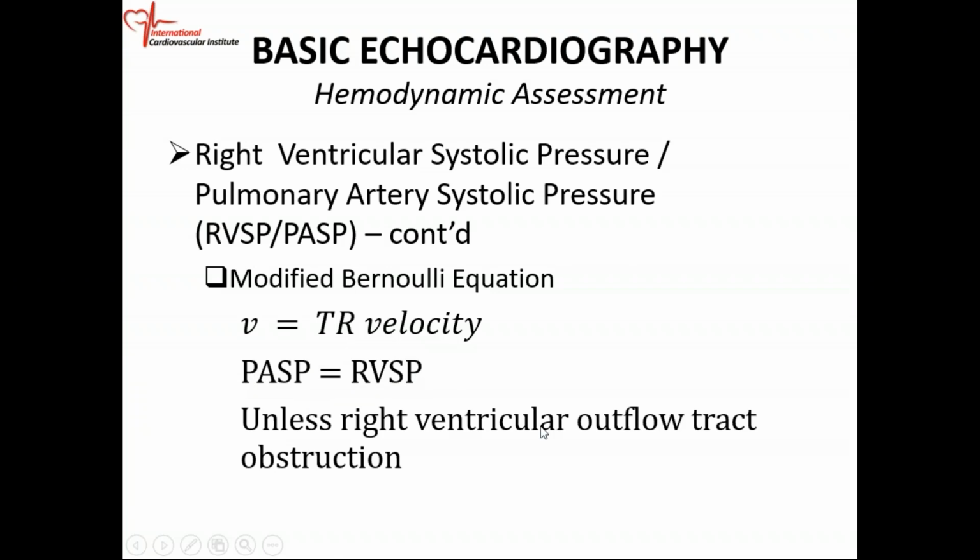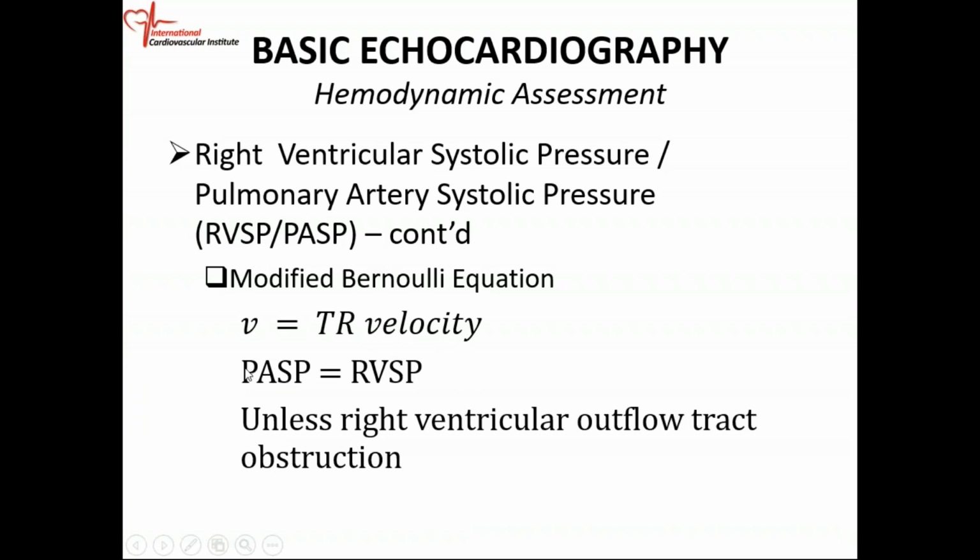Those of you who are not sure what we mean by right ventricular flow tract obstruction need to read up more about it, or talk to me one-on-one, because it's important. If you have something like pulmonary stenosis, you can't use this equation; this relationship doesn't work.